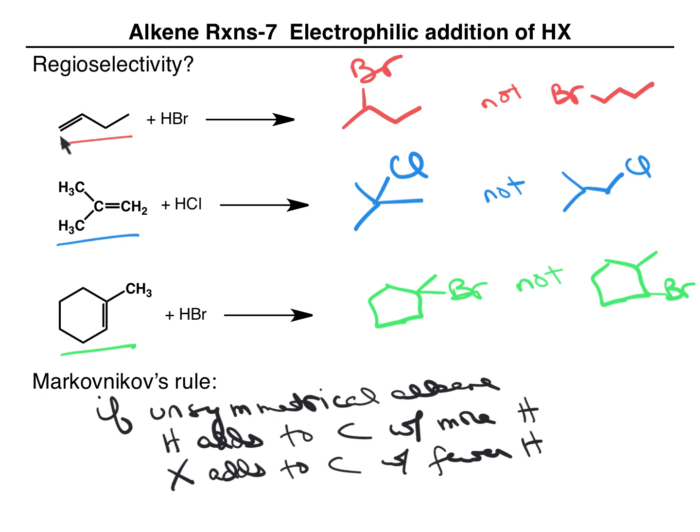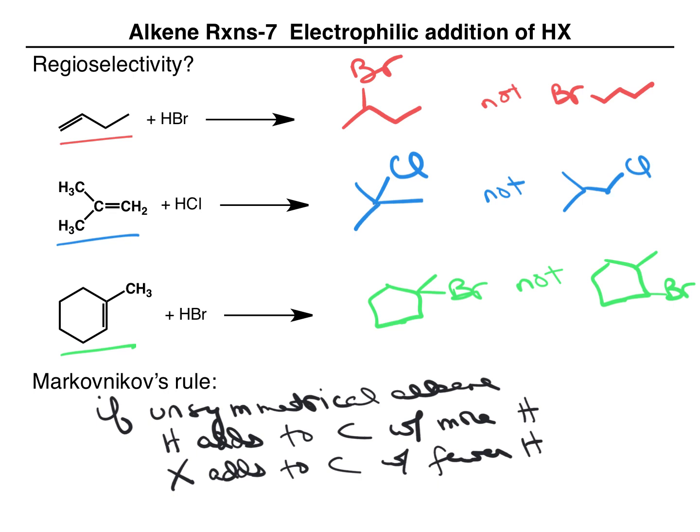So looking at this first example, this alkene carbon has 1 hydrogen, this one has 2 hydrogens. The alkene carbon that has more hydrogens is the one that gets the extra hydrogen. The alkene carbon that has fewer hydrogens is the one that gets the bromine. Over here, this carbon has no hydrogens, this carbon has 2, and so hydrogen adds to this carbon, giving a CH3. The chlorine adds to this carbon.